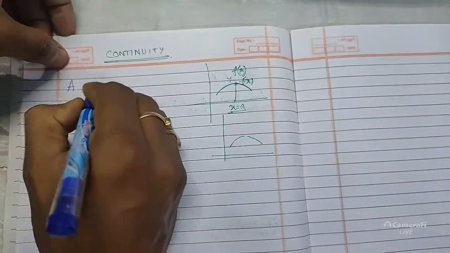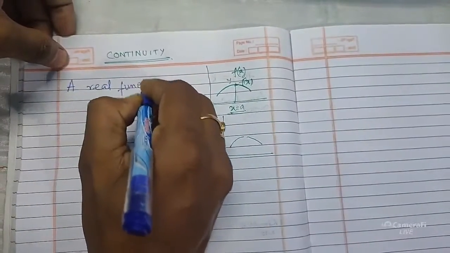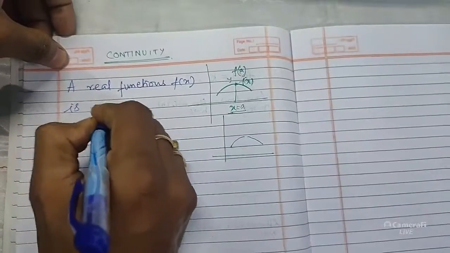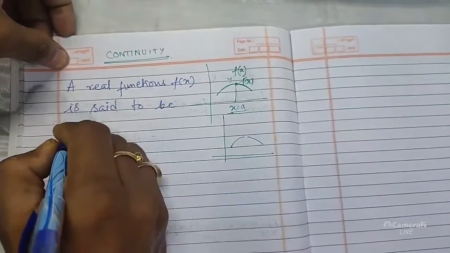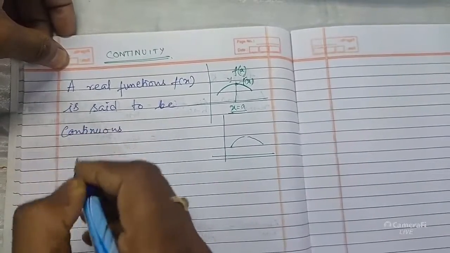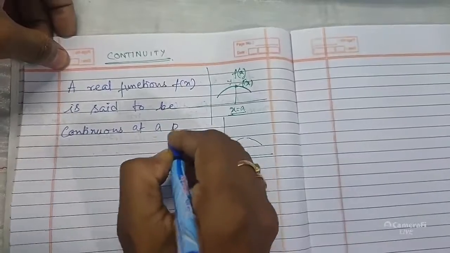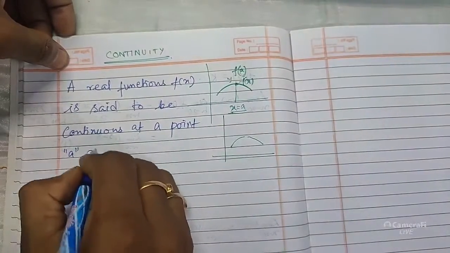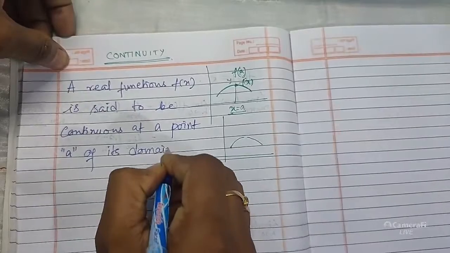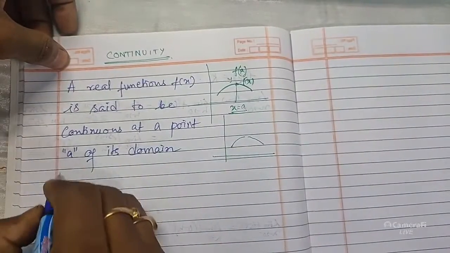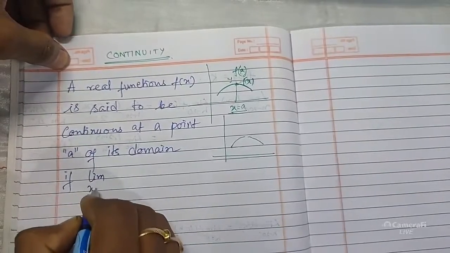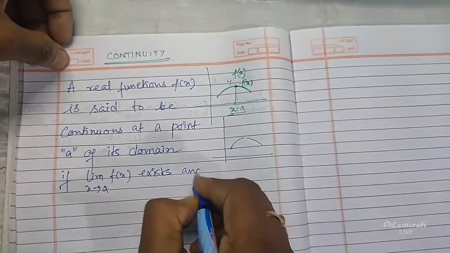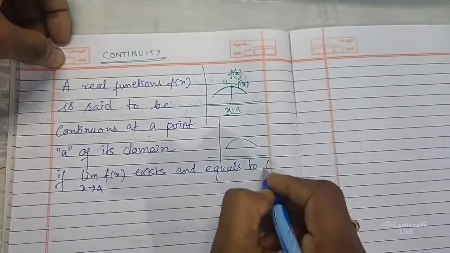A real valued function, or a real function f(x), is said to be continuous at a point a of its domain if the limit as x tends to a of f(x) exists and equals f(a).